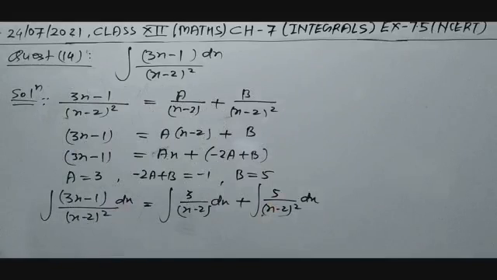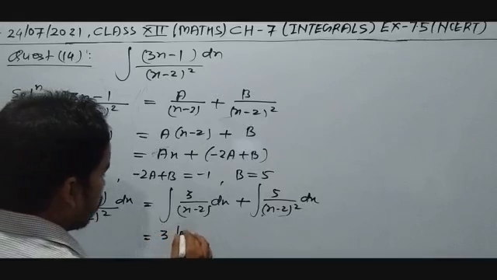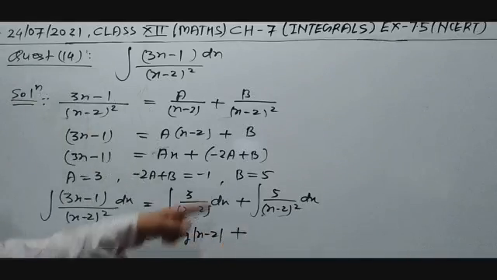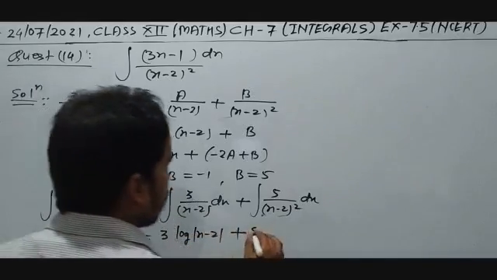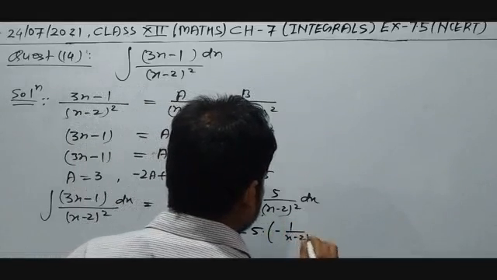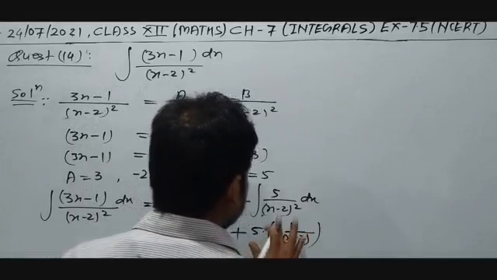Now you can integrate easily. Its result will be 3 times log of mod of x minus 2 plus its integration, 5 times minus 1 upon x minus 2. You already know its integration.